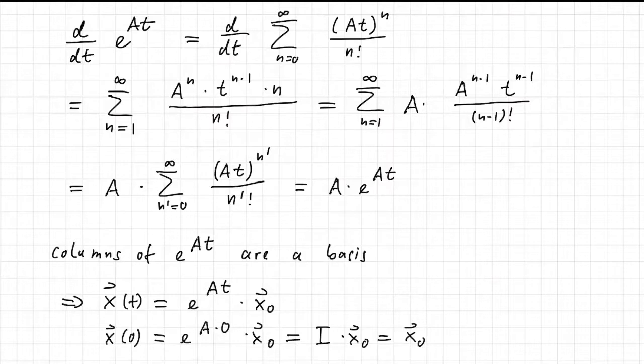So what we have here is the solution to the initial condition x of 0 equals x0. With this, you see we have a closed form solution, and it's very elegant actually, right?